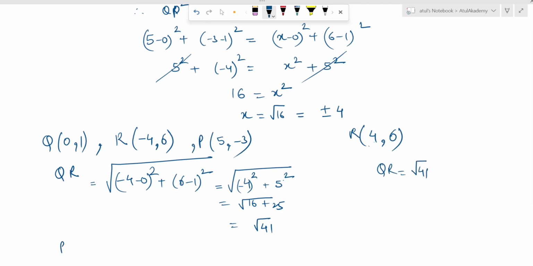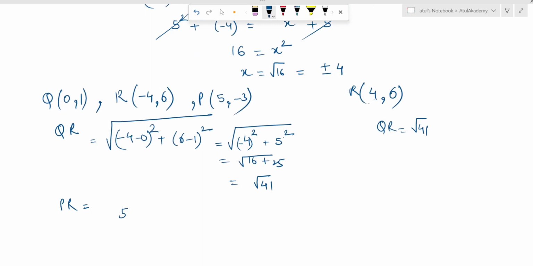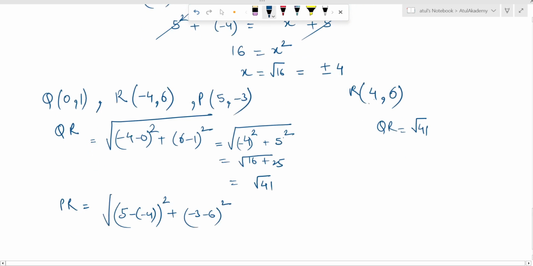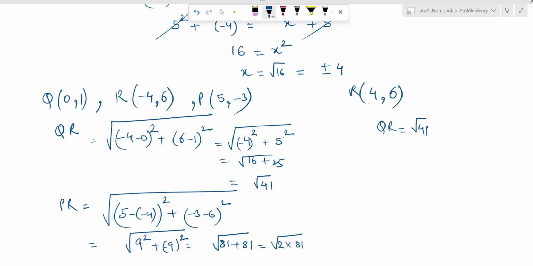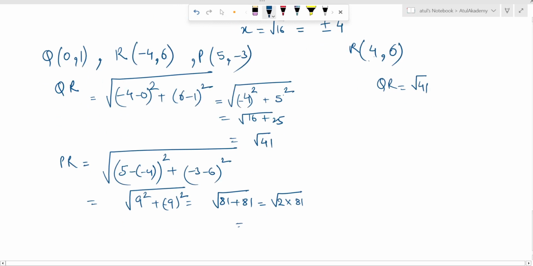Now let's calculate PR. For PR, we have (5 minus minus 4) whole square plus (minus 3 minus 6) whole square, when it is minus 4. So it will be 9 square plus minus 9 square, which is 81 plus 81. That's root of 2 into 81, which I can write as 9 root 2.